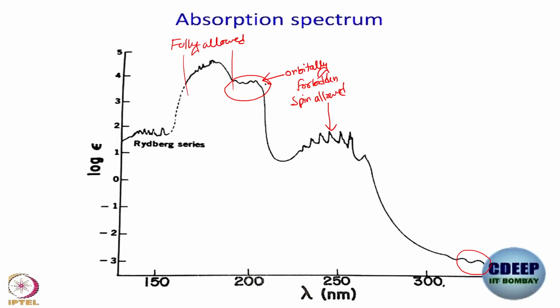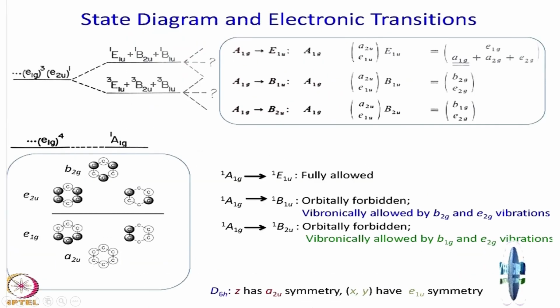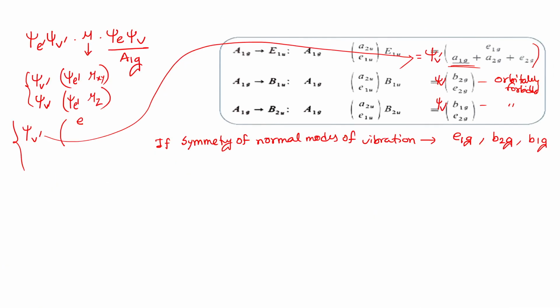Okay, and the E2G band will... What did I write somewhere? Yes, I have made one mistake here. I don't know if we can erase it. Yeah. It should be E2G, right?